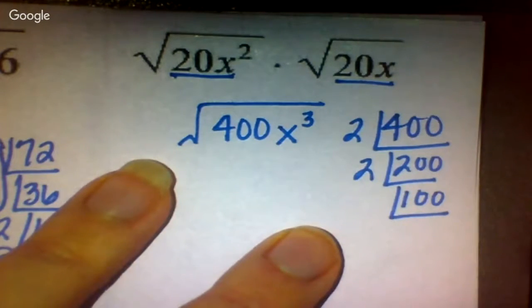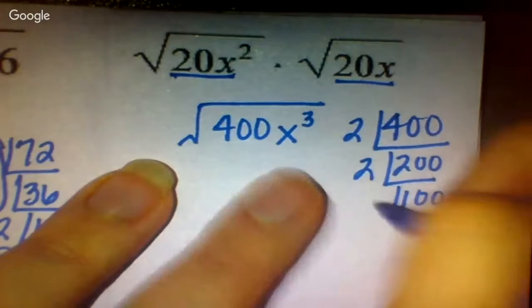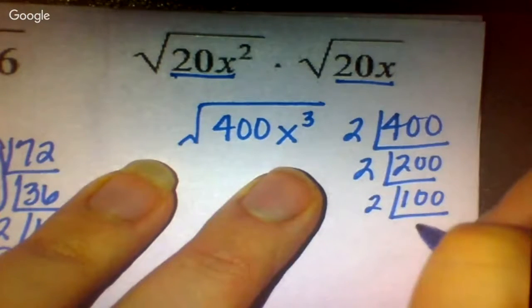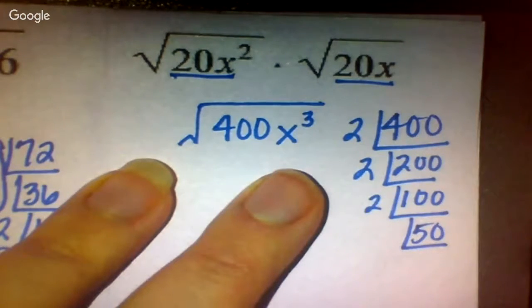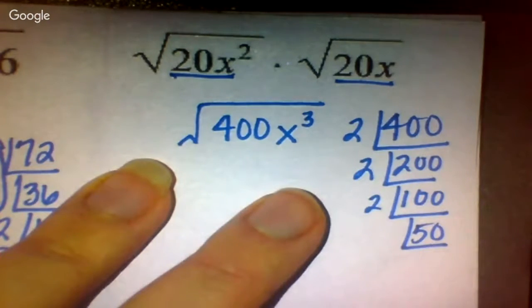Joseph, what's 100 divisible by? Prime number. 2. Okay. So we're left with 50. Now, Josue, what's 50 divisible by? 2.